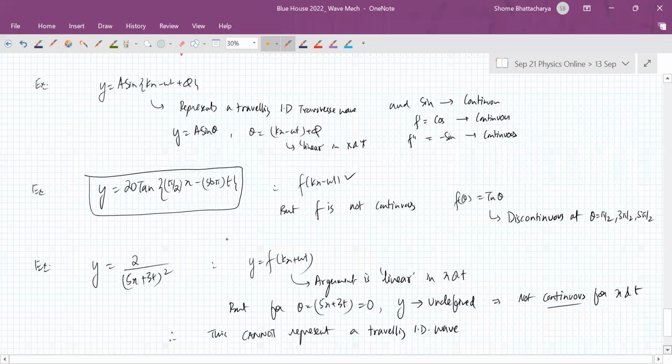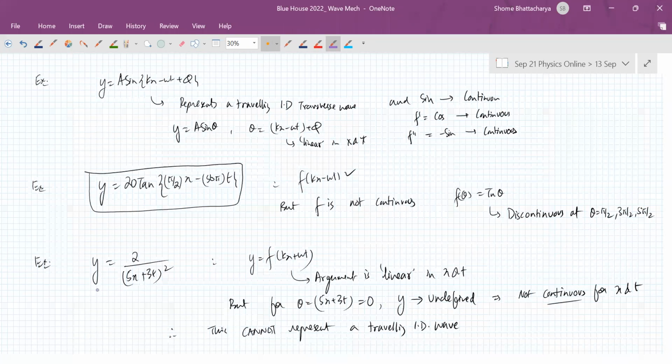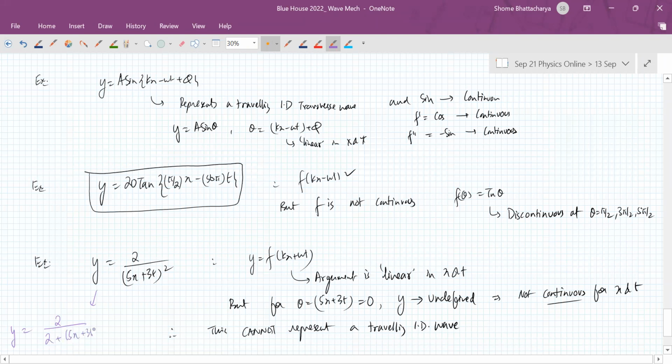But if we were to modify this in such a way to something like this, if I make this y is equal to 2 plus, let's say, some constant like 2 only, plus 5x plus 3t whole square. Now you can see that this represents a wave. This is continuous, okay, and twice differentiable.